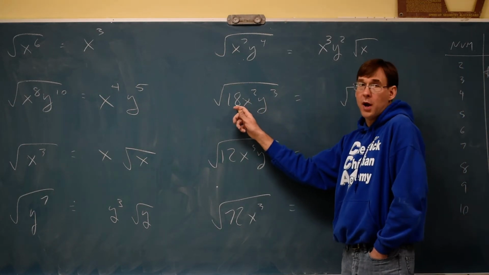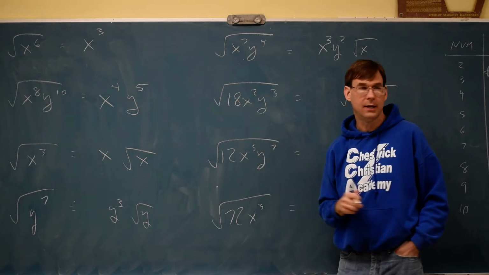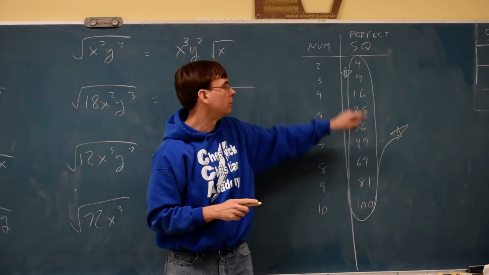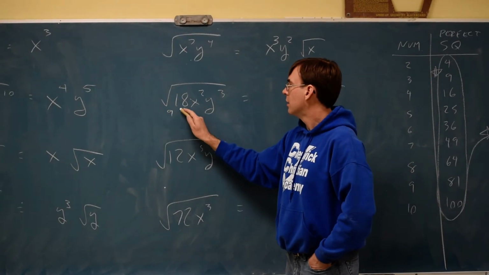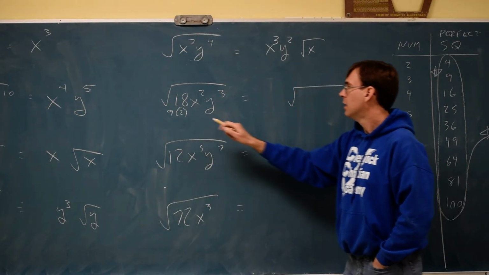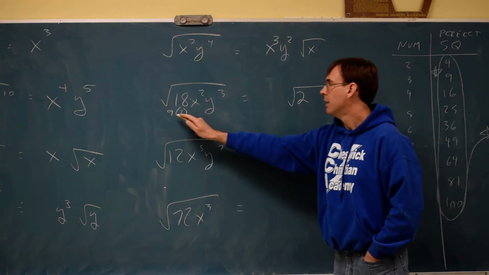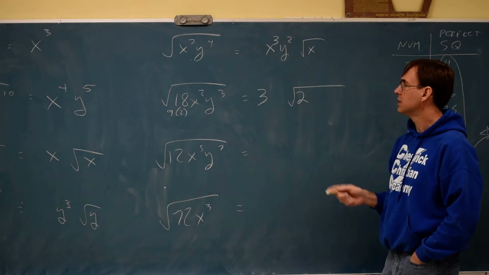let's do the number the way we were doing the numbers before. 18, we check our superstar list, and 9 is helpful. 9 goes into that twice. The 2 is not a superstar, so it's stuck inside. The 9 is a superstar, it brings us out a 3.